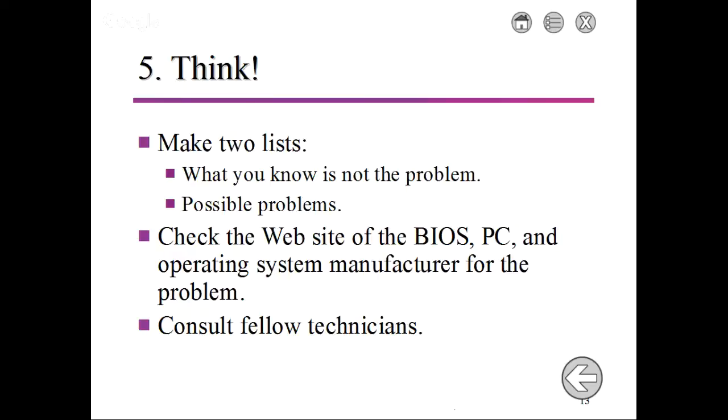And based on those things that you know that are working, you can eliminate a lot of possibilities. Just like in an automobile or in a human being or an animal the veterinarian's trying to help. There are a lot of things that the veterinarian or the doctor or the auto mechanic or the computer technician can eliminate as possible problems just by knowing that, by observing that certain things do work.